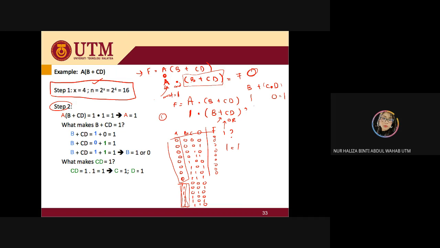Second, if your B is 0, you have the CD as 1, you will get 1 also. Another scenario, if B is 1 and your CD will be 1, you will also get 1. I don't want to make you confused.